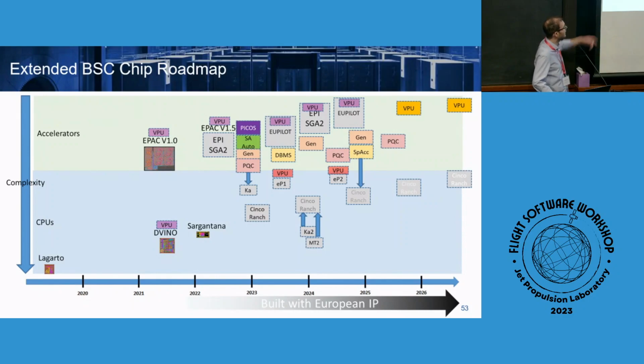So we started with Lagarto with very simple design. And as we have seen from the previous slides, gradually we were increasing the complexity of the designs. And you can see that we have a lot of new chip tape outs planned for the next couple of years until we reach our goal of having supercomputing technologies based on RISC-V.